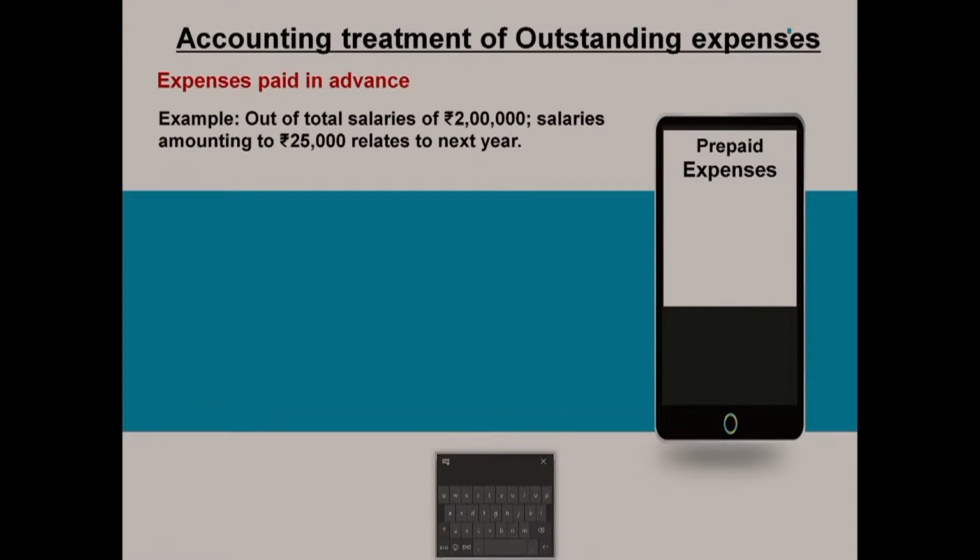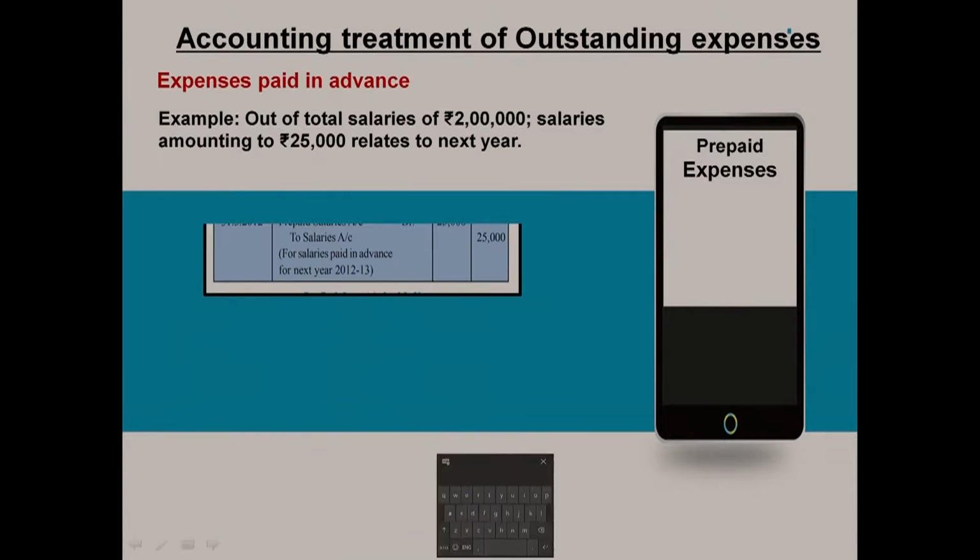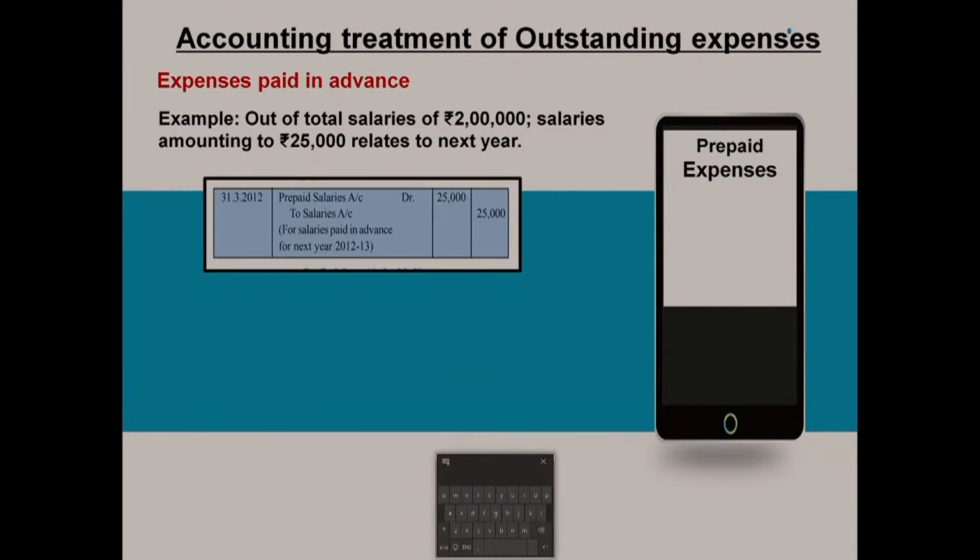Now let's see one example quickly. Out of the total salaries of 2 lakh, salaries amounting to 25,000 relate to next year. Out of the 2 lakh, 25,000 is for the next year. So it is prepaid, 25,000, and to the salaries account you mention 25,000.